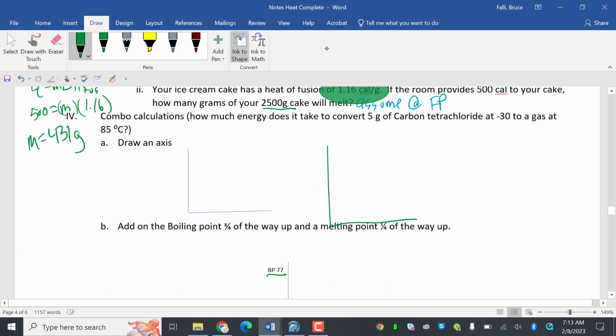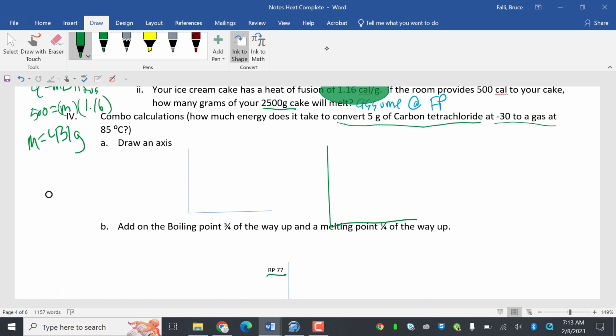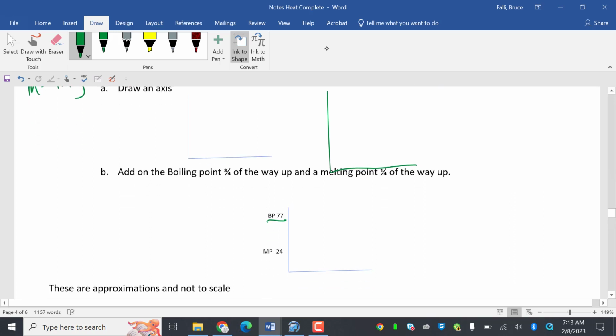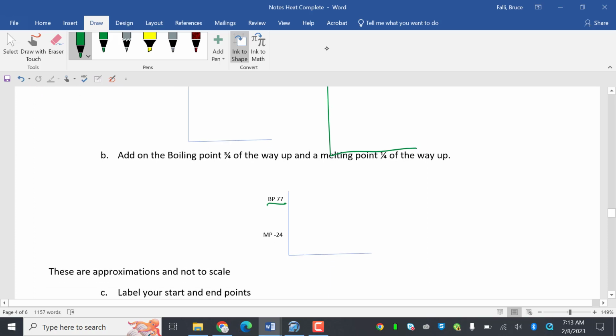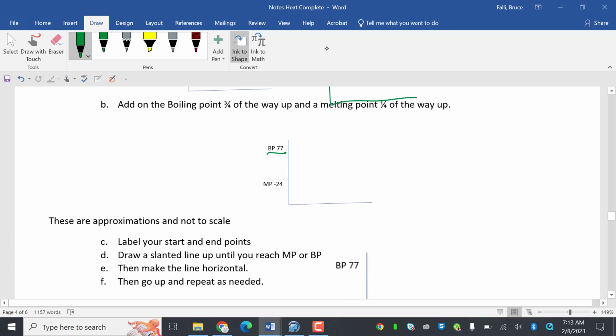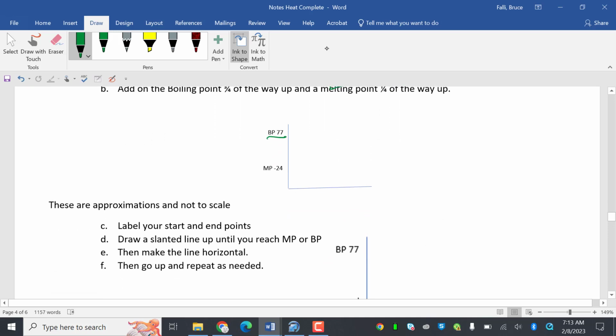Convert 5 grams of carbon tetrachloride at minus 30 to a gas at 85. So add the boiling point 3/4 the way up and the melting point 1/4 the way up. These are approximations, so it doesn't really matter. Label your start and end points.